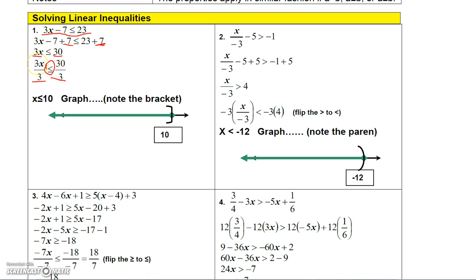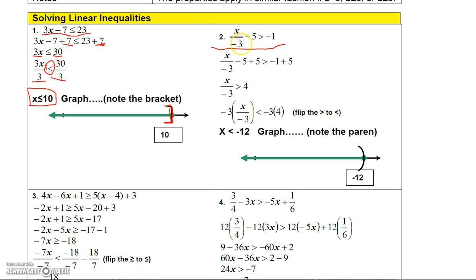So since 3x over 3 is just x, my final answer is x is less than or equal to 10. And this down here shows you the interval, the number line graph. A bracket means that we're going to include the 10, and the green shaded region shows that I include everything less than 10 as well.